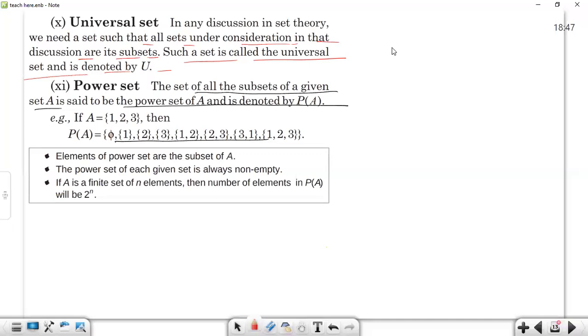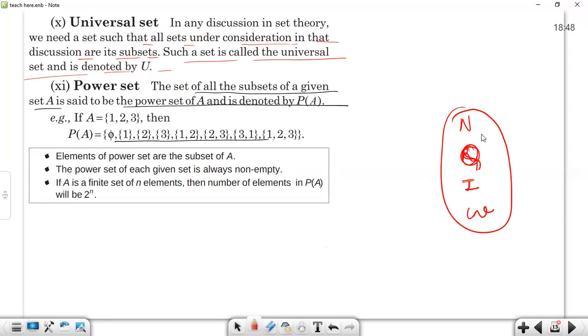If we are discussing real numbers, natural numbers, rational numbers, integers, whole numbers, these are all individual sets that are subsets of real numbers. So we can consider real numbers as the universal set in this particular discussion.